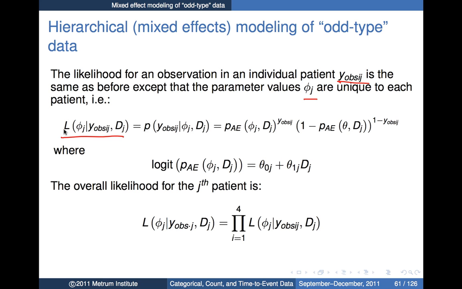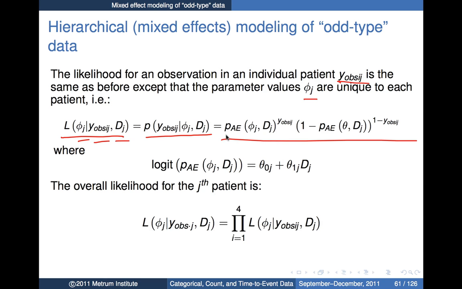So now we're talking about the likelihood in terms of the phi sub j given our observations in the jth individual. So we're talking about the ith observation in the jth individual. And they may have some covariates, in this case dose. And so that's equivalent to our probability density for our y-obs j. And since it's binary, it's just going to be our good old Bernoulli relationship, just like before.